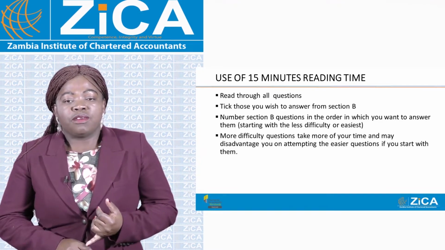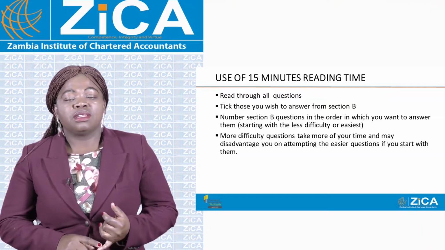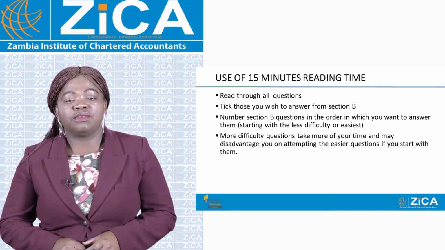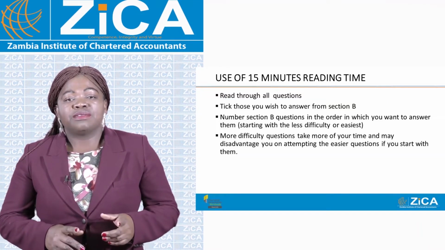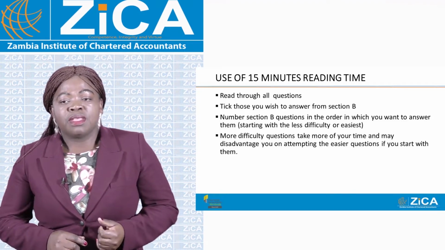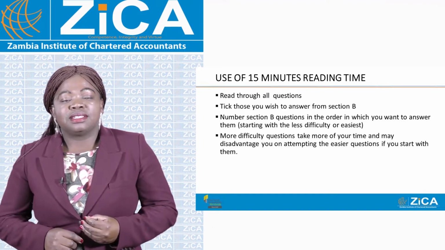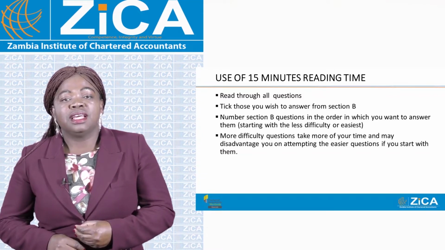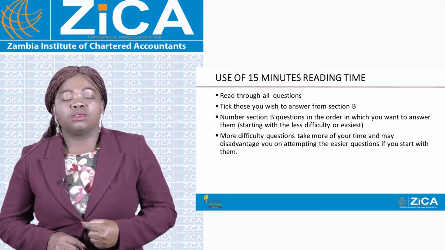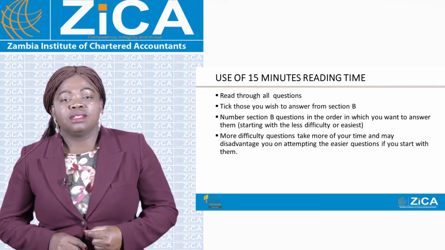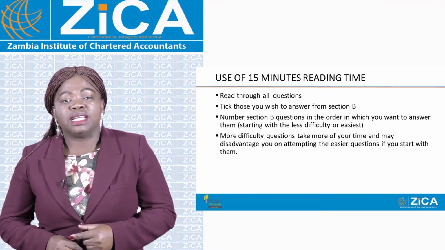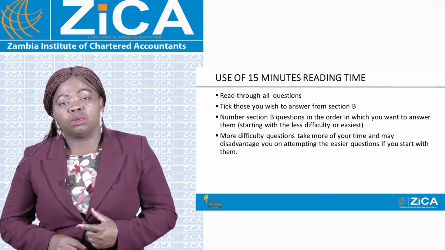First of all, make sure you have read through all the questions using the 15 minutes. After reading through all the questions, select the Section B questions that you think you are going to attempt. Section B will have 3 questions from which you need to pick 2.